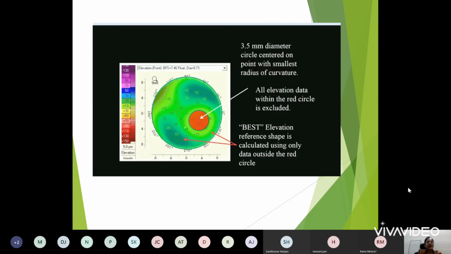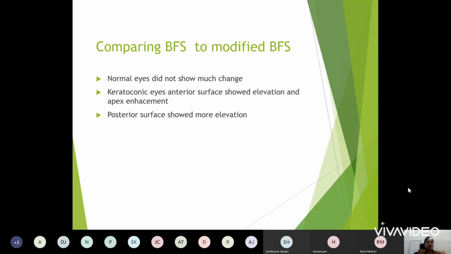This is the latest enhanced best fit sphere where 3.5 mm centered on the point with the smallest radius of curvature, all the elevation data within the red circle is excluded and the best elevation reference shape is calculated using only the data which is outside the red circle. So why did the enhanced best fit sphere come?